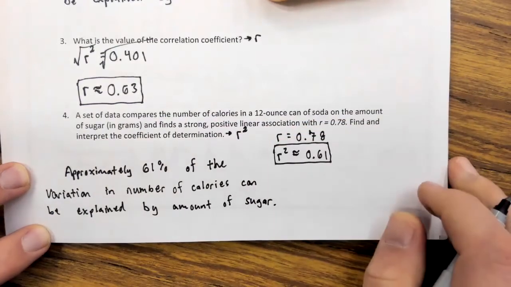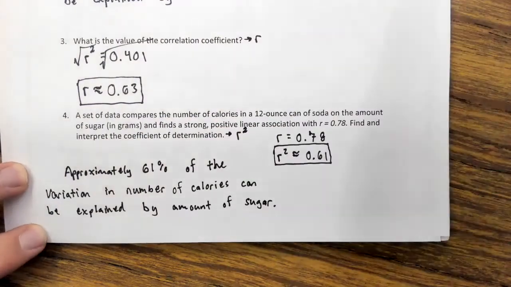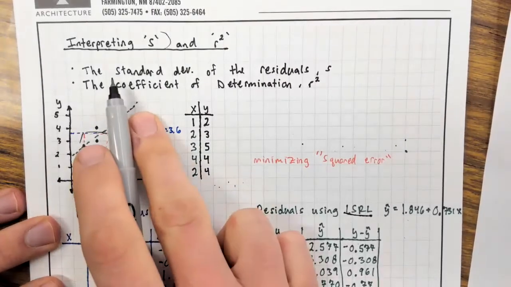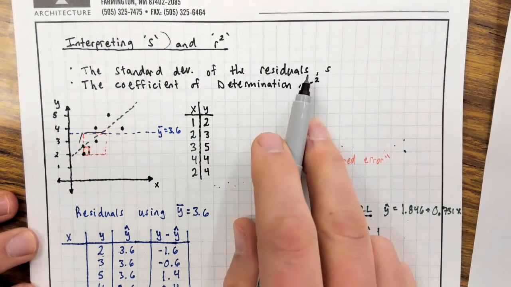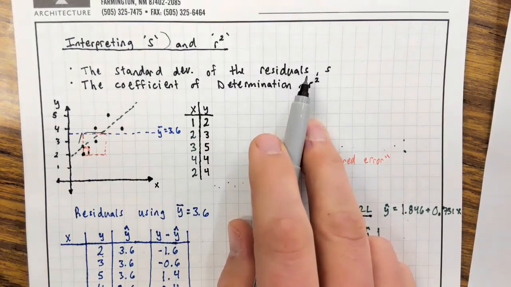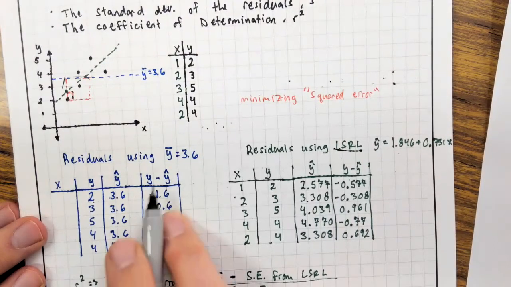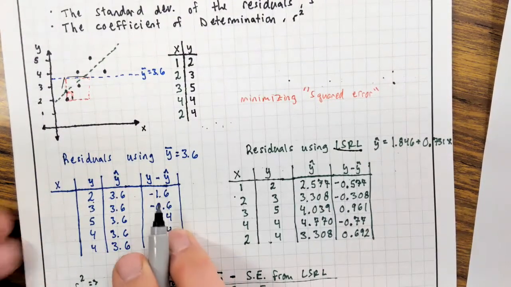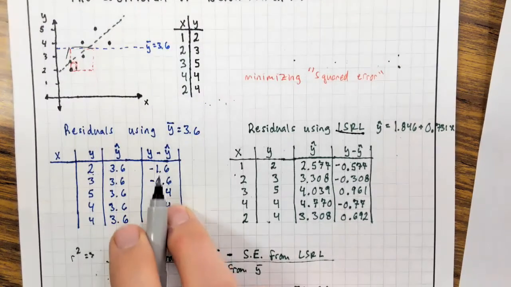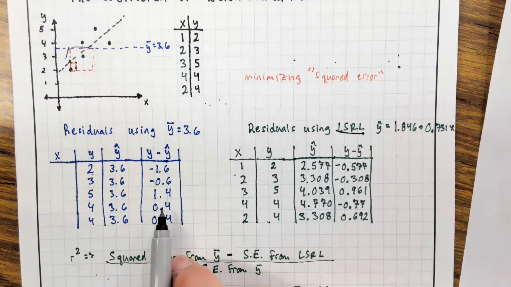All right, so those are the two things that I really wanted to accomplish in this video. Those two things were interpreting the standard deviation of the residuals. So just what's the typical amount that it varies by, the average distance from our predictions to the actual amount. The standard deviation of the residuals is the average distance your prediction was off.